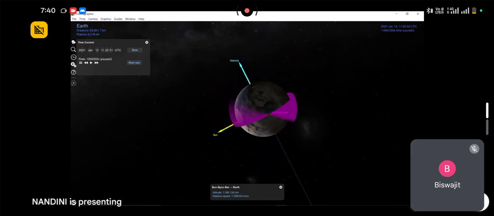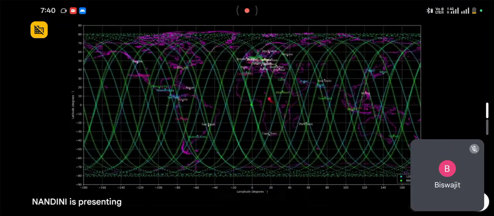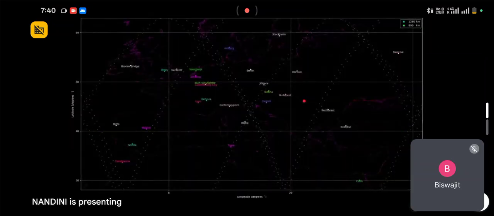So the question was which of these. If you look at how the satellite moves along the longitude, it will be like this.